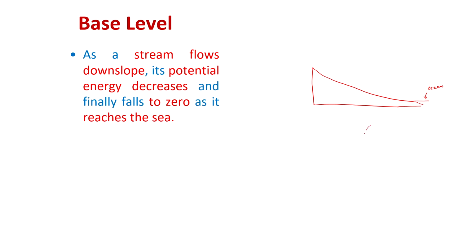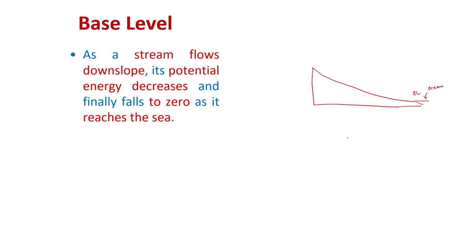For example, we have Ganga, and if this stream is coming and meeting here, then if there is a change in the gradient of the Ganga river, the gradient of the tributary also will change.